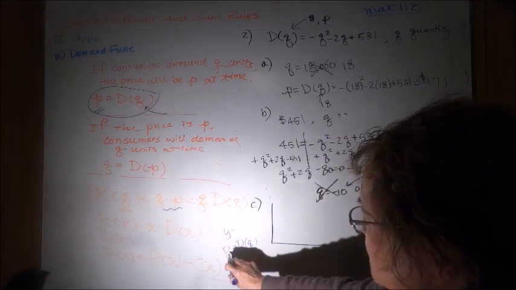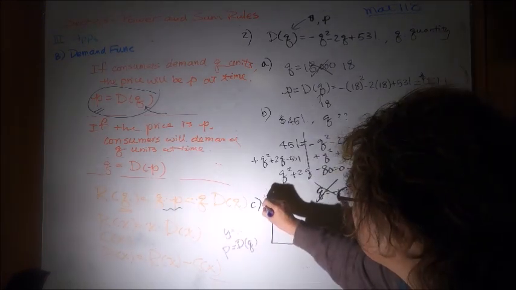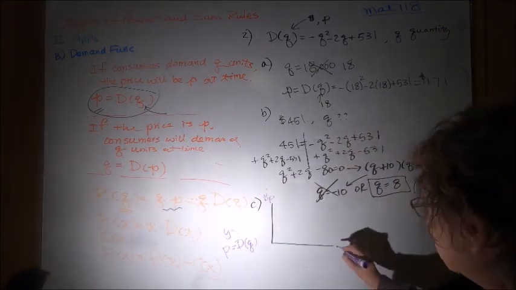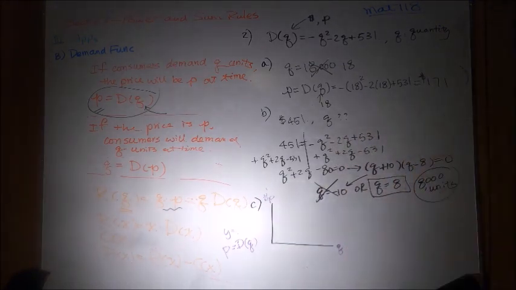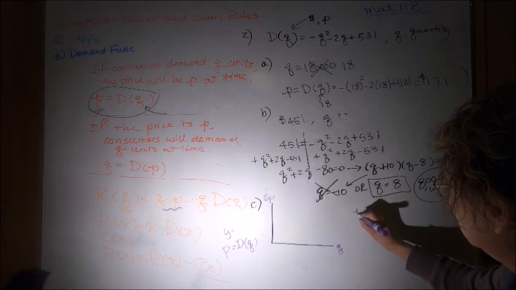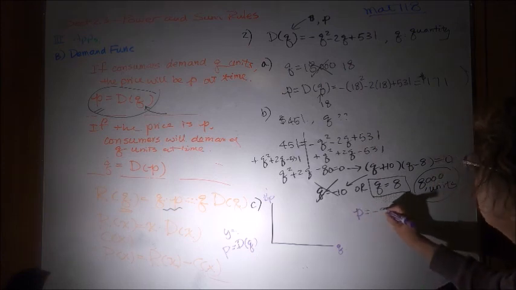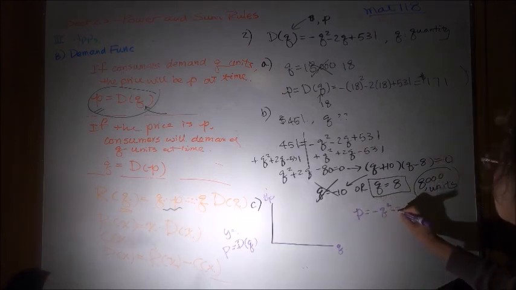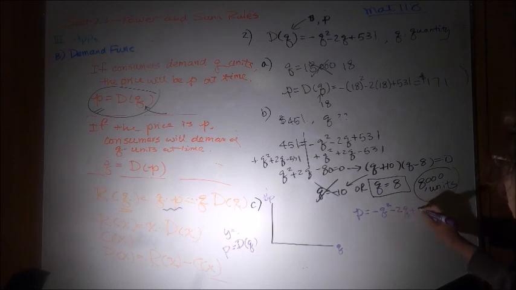So price is in the place of your y, and this is your quantity in demand. Then we have P equals negative Q squared minus 2Q plus 531, right?